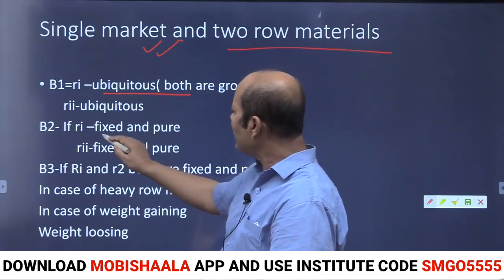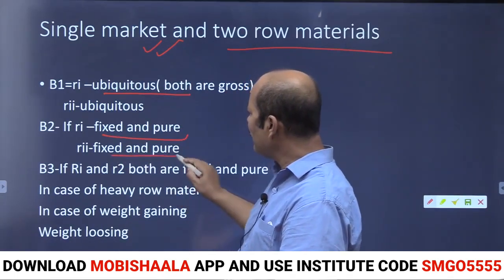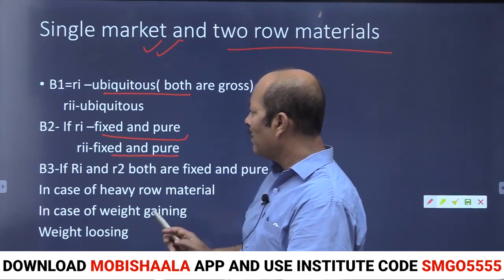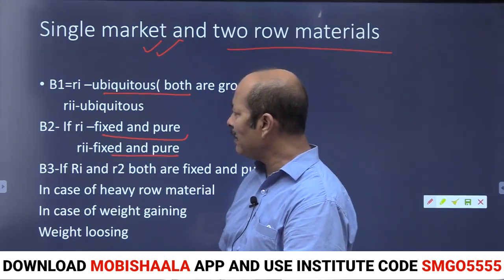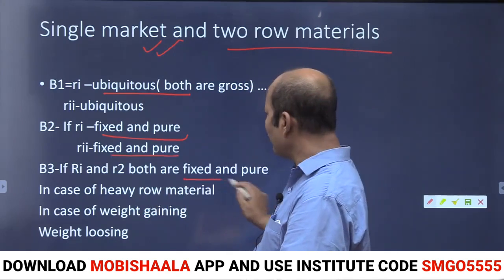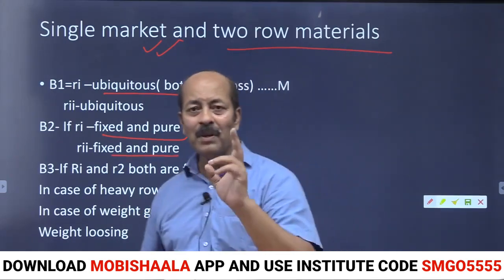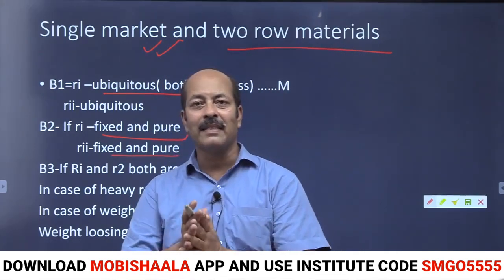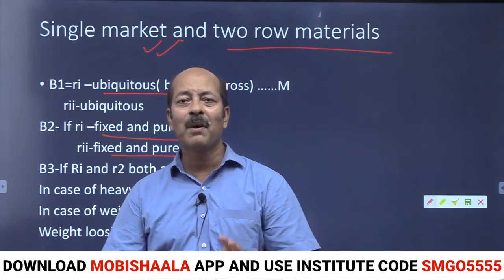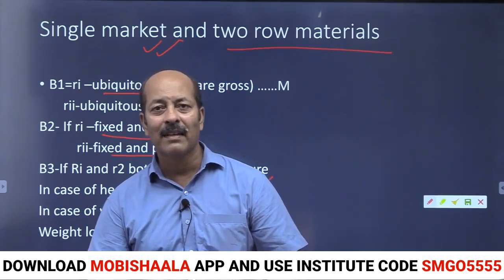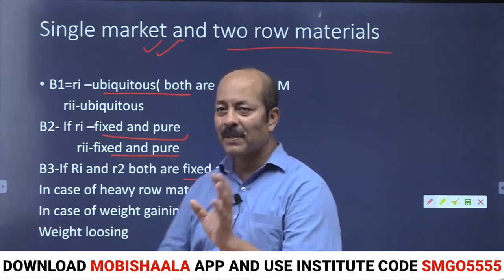The second is fixed and pure. You have one fixed and pure raw material. The second thing, both are fixed and pure. Now we have two raw materials with different nature. We have to find out the proper location of the industry. What is that, students?